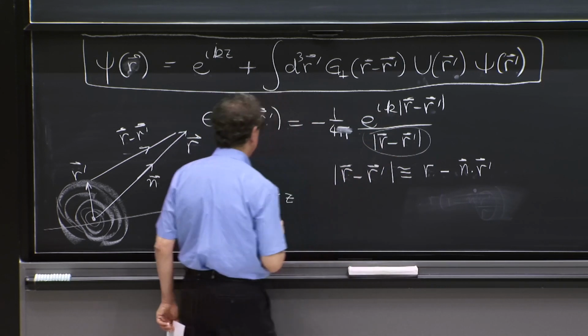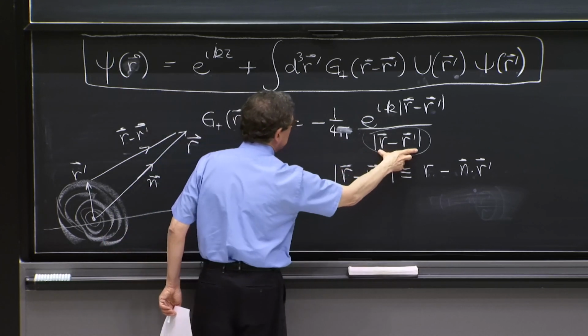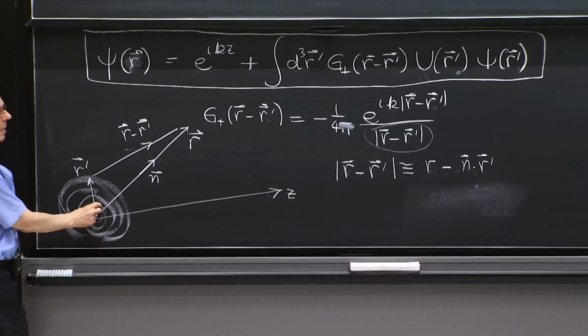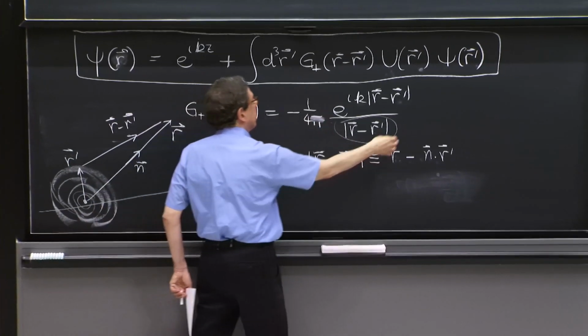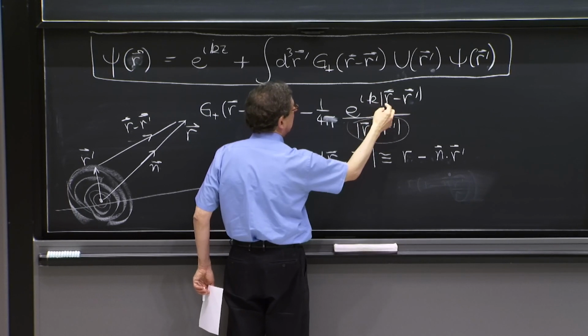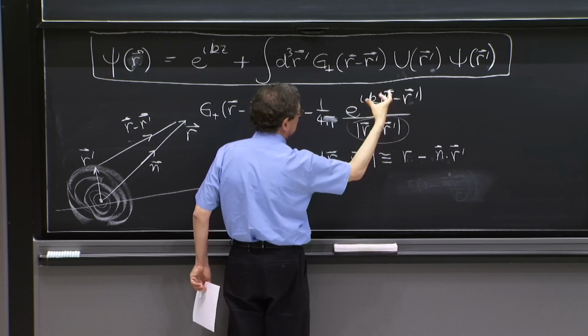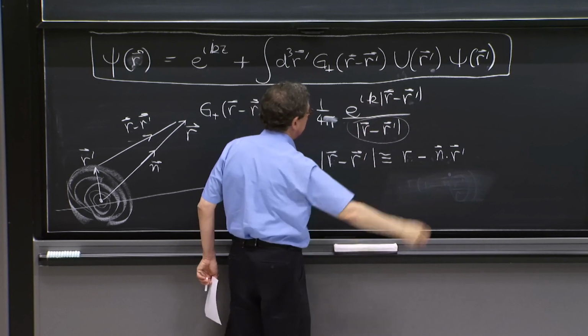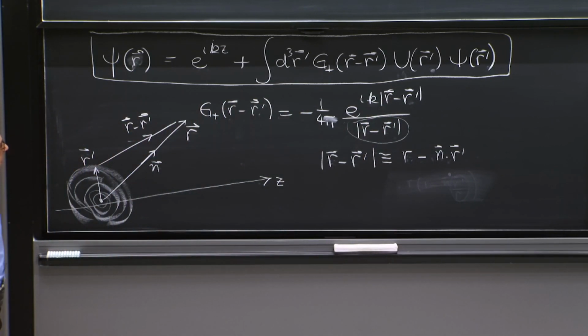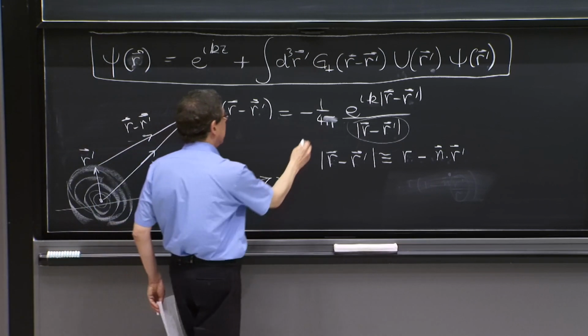So if you make an error in the total distance of 1%, that's not a big deal. But if you make an error here such that k times this distance is comparable to 1, the phase could be totally wrong. So the phase is always a more delicate thing.